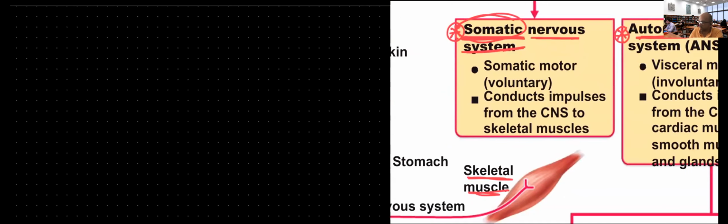Remember, this is my somatic nervous system. So the good answer on here is going to be the somatic nervous system.